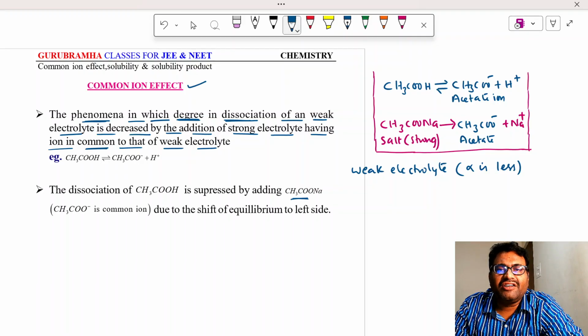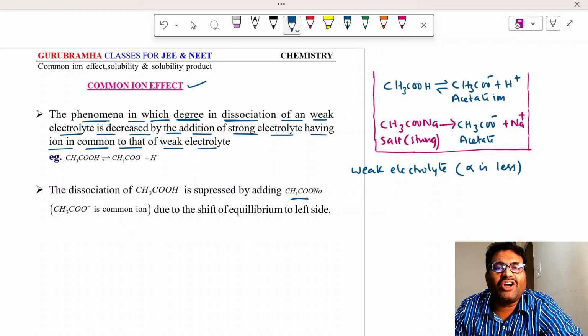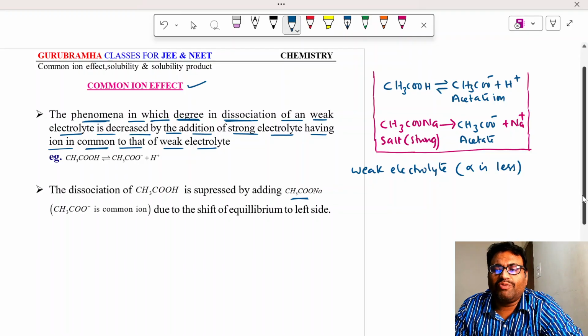Already acetic acid is a weak electrolyte, its alpha is less. When you are adding sodium acetate, its degree of dissociation still decreases. That means its solubility decreases.